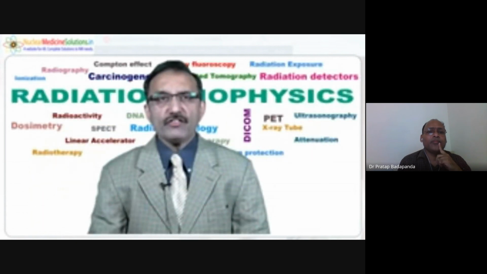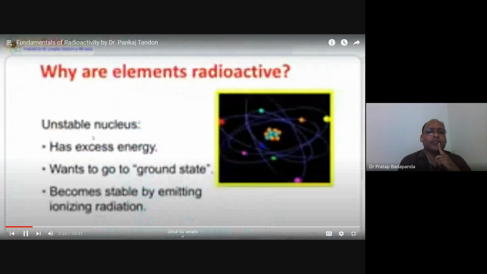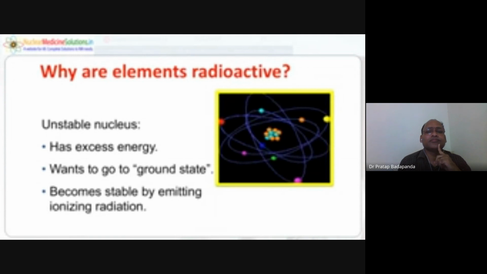The important question which comes to our mind is, why are elements radioactive? Why do we say this element is radioactive and this one is not? We all know there are unstable nuclei. Unstable nucleus means it has excess energy. And when it has excess energy, as a law of nature, everything wants to go to the ground state.